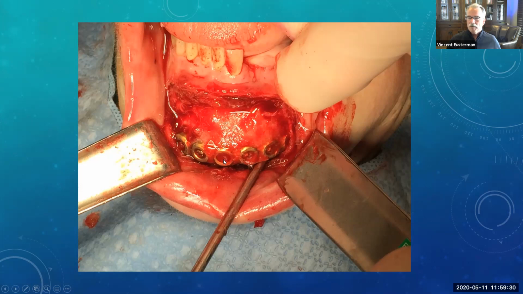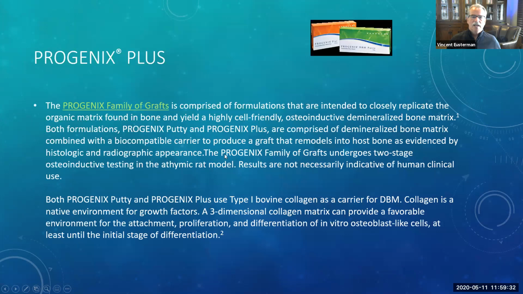So I've been real impressed with it, and PROGENIX is the name of it, and it has the bone morphogenic protein and demineralized bone matrix inside of it with this biocompatible carrier.